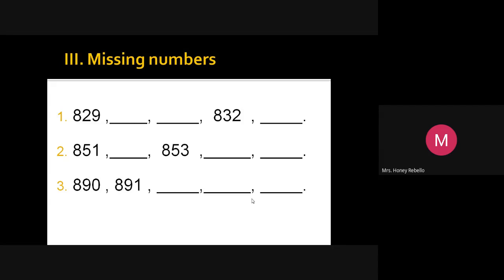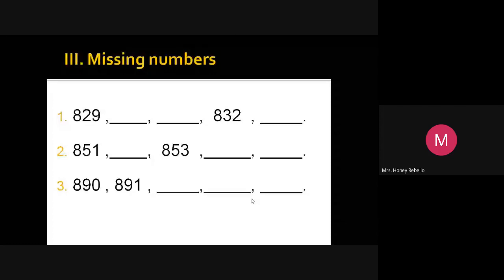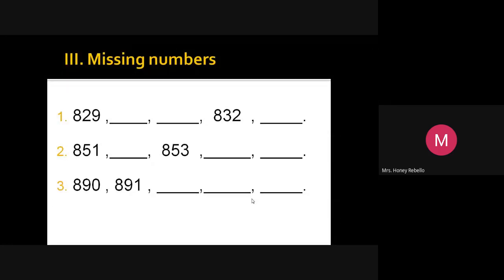Now, in your first column, write the first number 829 together in one column. Now, don't worry about anything. Leave 1 square. You put a dash with your scale down.